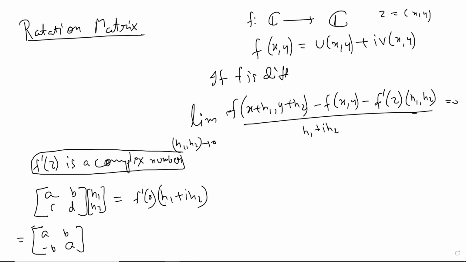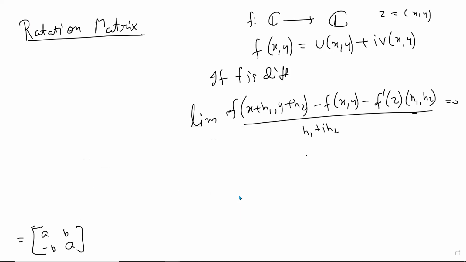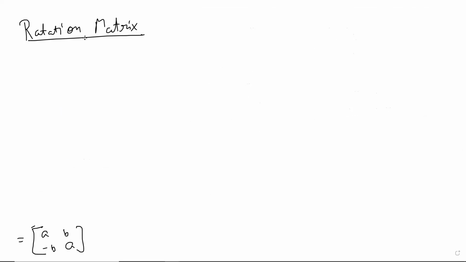Now we're basically trying to understand the significance of this matrix. Why were we saying last time that this is a rotation? It's not a rotation matrix always, but that's the significance of this in this situation. It's a modulus.